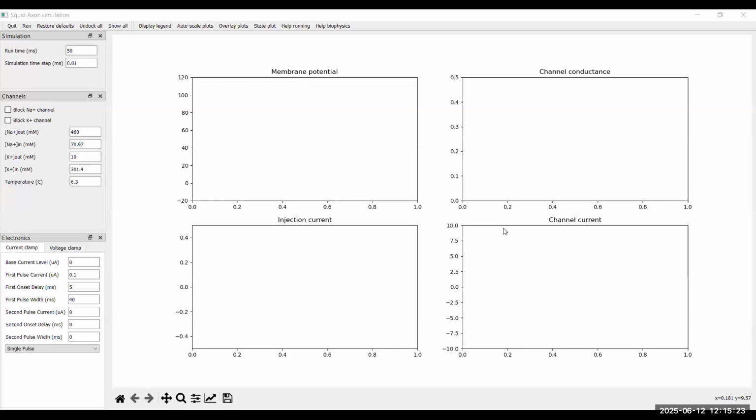So this is a simulation of Hodgkin-Huxley's experiment with squid giant axon. So what we are doing here is we are using a simulator called Moose, which we developed in the lab in collaboration with NCBS.